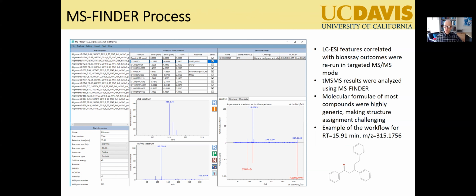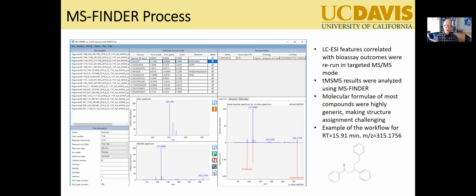The other thing that's challenging is that many of these molecular formulas are pretty generic. They're CHO or CNHO type compounds, which have many possible structures and not a lot of highly detailed fragmentation, and therefore they're not easy to nail down. But here I'm just providing one example of how MS Finder works.